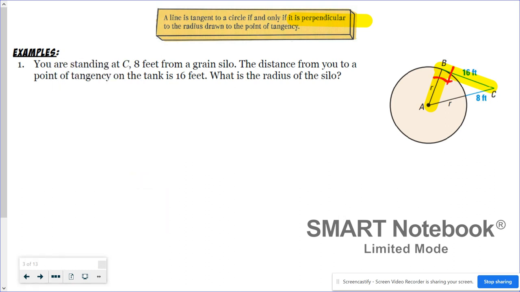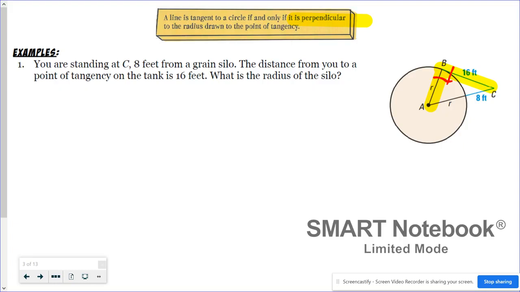Which means triangle ABC is a right triangle. And if you think about other right triangles that we've seen so far in this chapter, we've always had to use the Pythagorean theorem in those problems. So I'm thinking we're going to do the same thing here.